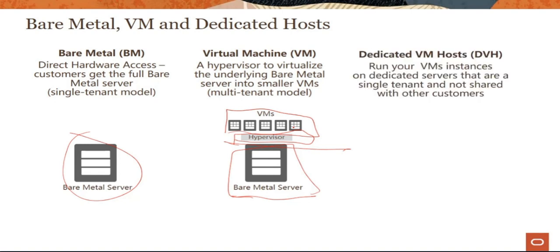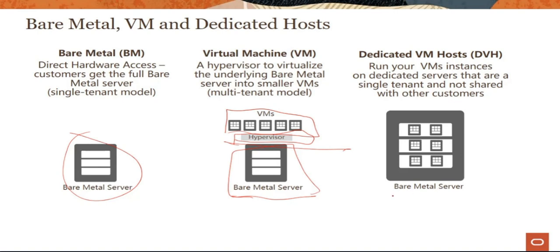The third model, which we launched recently, is called the dedicated VM host, or DVH. In a dedicated VM host, you can run your VM instances on dedicated servers that are single tenant and not shared with other customers. So you get the bare metal machine here, and on top of that you can run these virtual machines. It's a little bit different from the bare metal shape, because in this case you get the single tenant model, your bare metal server, and you also get the ability to run VMs on top of that.